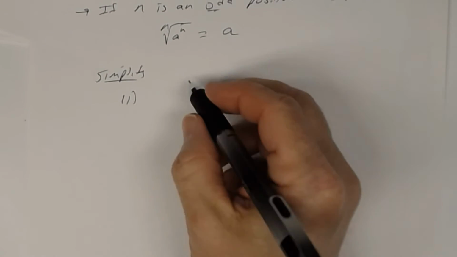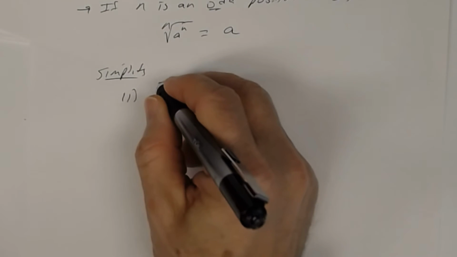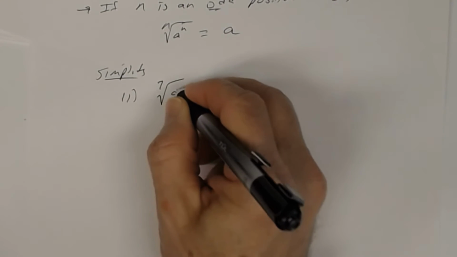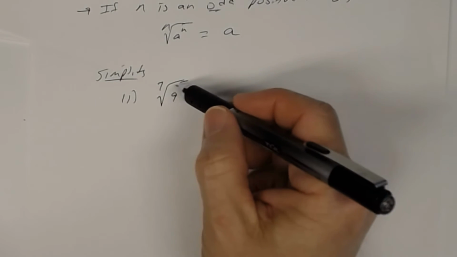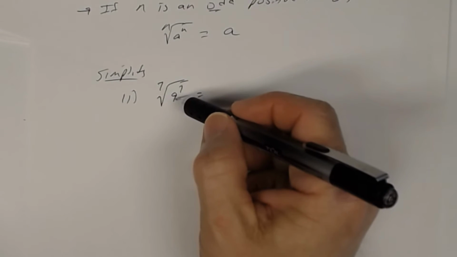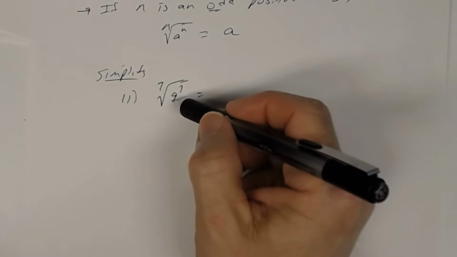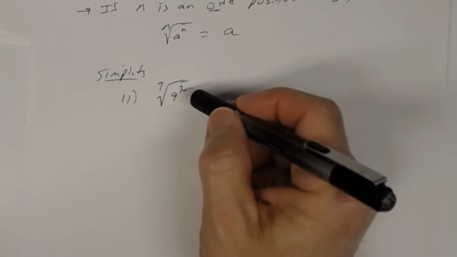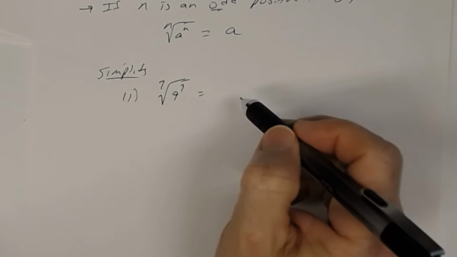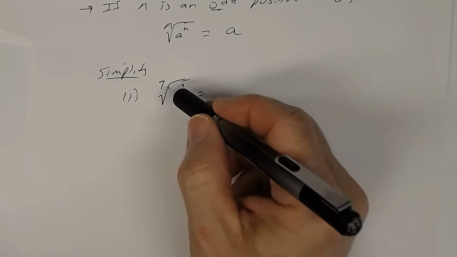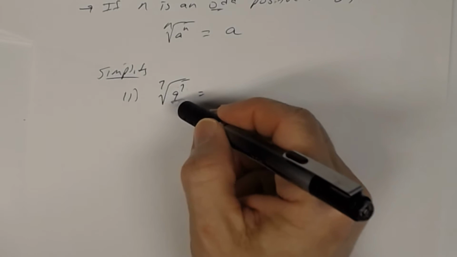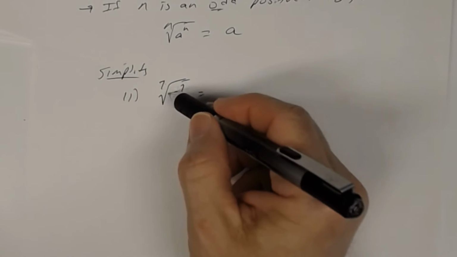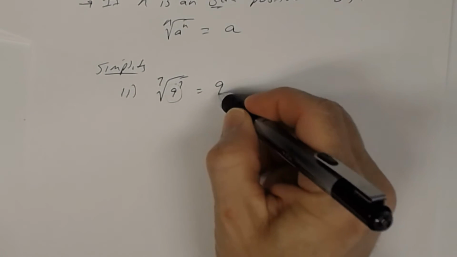Let's suppose we had the 7th root of 9 to the 7th power. What do you think that is? So the index and the exponent are the same. So don't multiply it out. Don't use your calculator and say 9 to the 7th and come up with some number. That's not the idea. You need to recognize that if the index and the exponent are the same, and it's odd here, it's just 9. So the answer is 9.